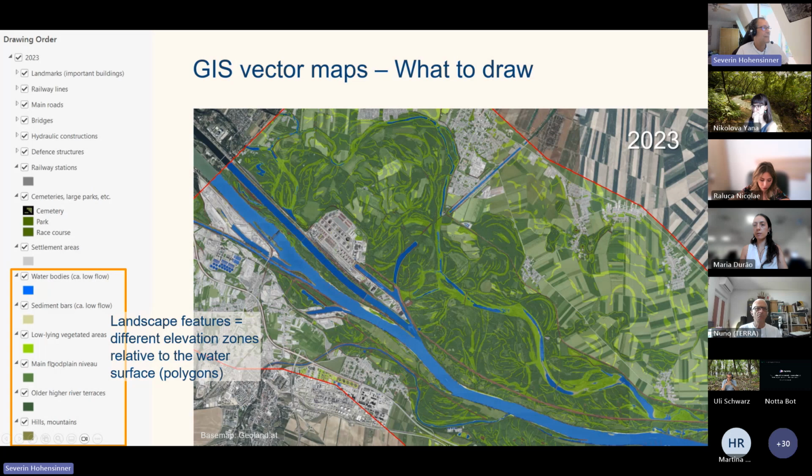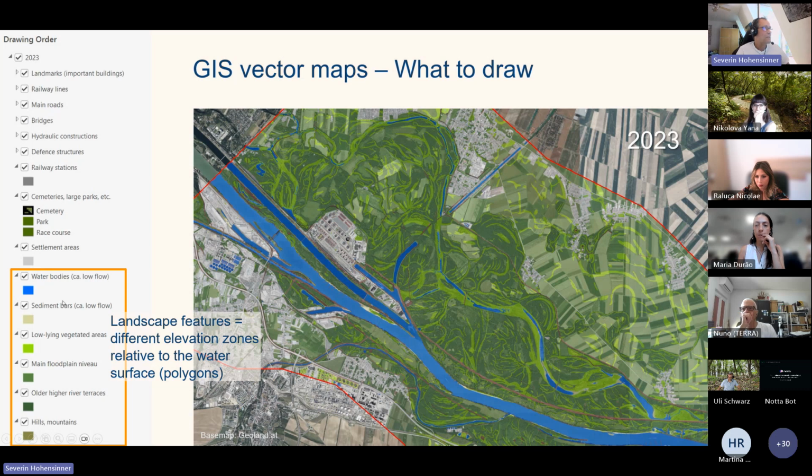Then we have the middle green, the main floodplain niveau. This is the general floodplain niveau. And we also draw older and higher river terraces and hills and mountains that may be very close to the river.